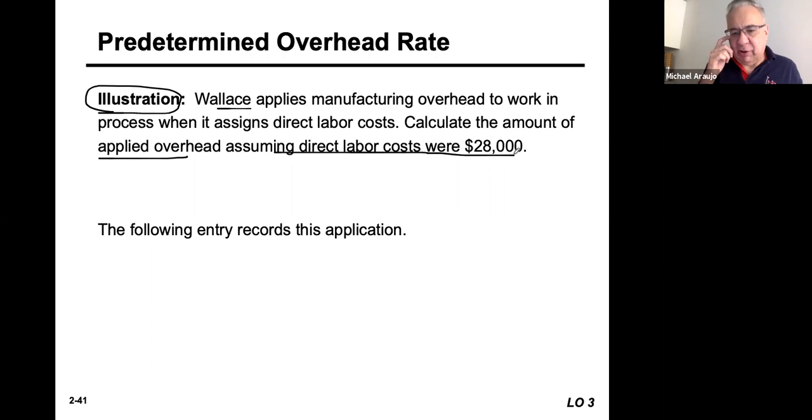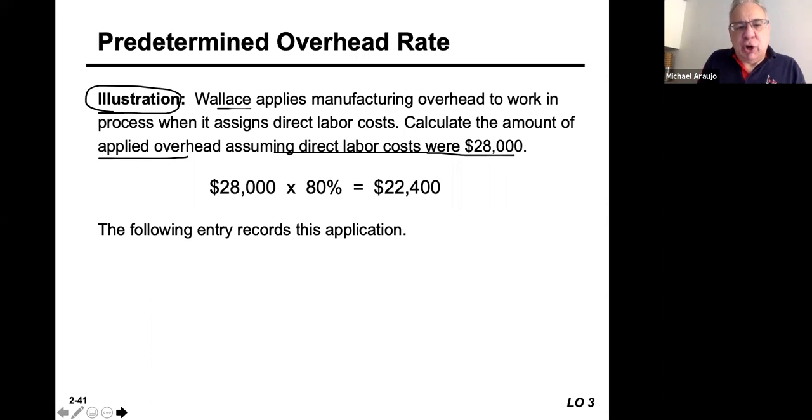For every dollar they spend on labor, they allocate 80 cents worth of that as overhead. Okay. So $28,000 of labor costs would correspond to $22,400 of manufacturing overhead costs for a specific job, because it's 80%.